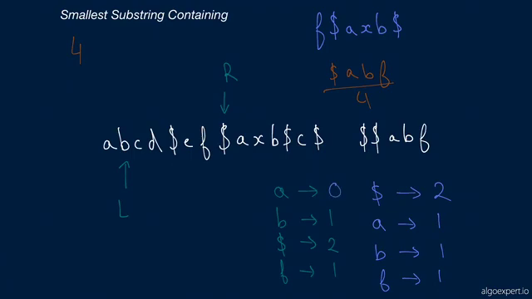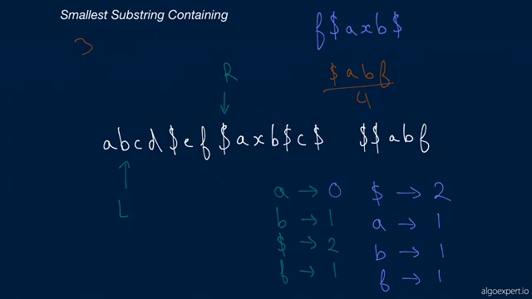We've decremented it because between L and R, there's no longer an A. And so now, because we have to decrement this unique character count here from 4 to 3, and 3 is no longer equal to 4, we're going to stop moving our left pointer. We're going to say, okay, we know that between the left and right pointer now, we're never going to have all the character counts here. So let's move the right pointer back to the right.